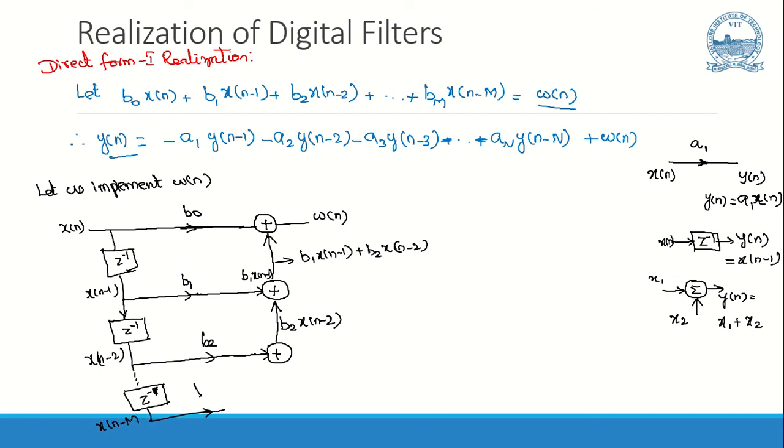This is multiplied by bm, and then the adder. Okay, so I can combine this over here. So how will it be modified? Here up to, and so on up to bm x of n minus m. So this is my w of n realization.